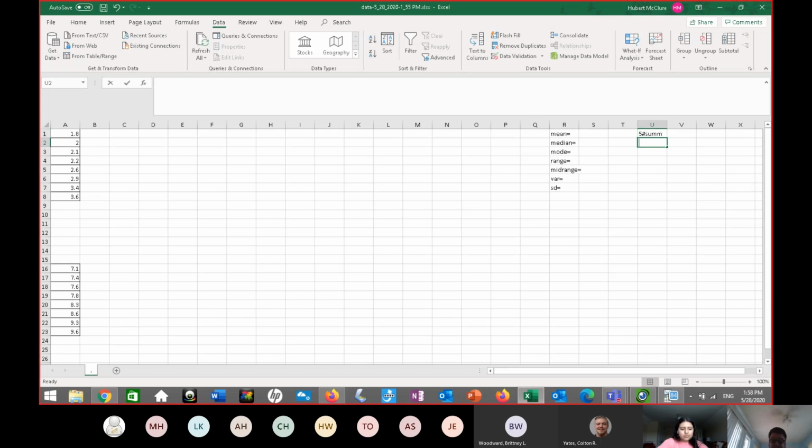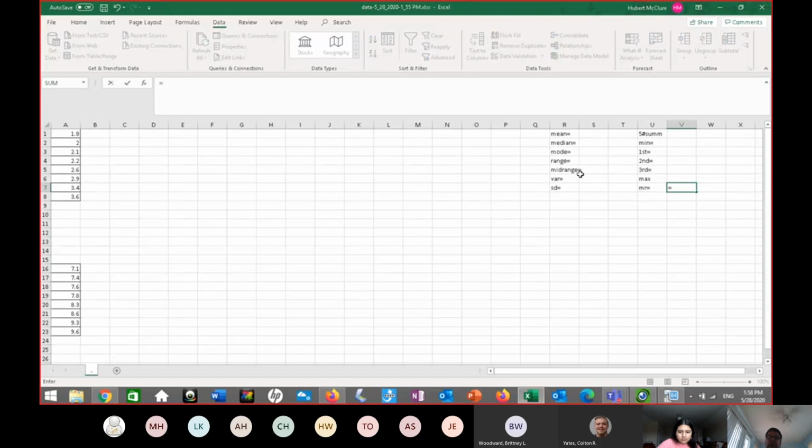That's going to be the minimum, the first quartile, second quartile, third quartile, and the max, and the mid-range. And the mid-range is going to be equal to the median.